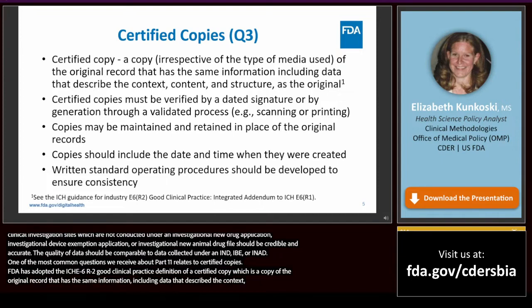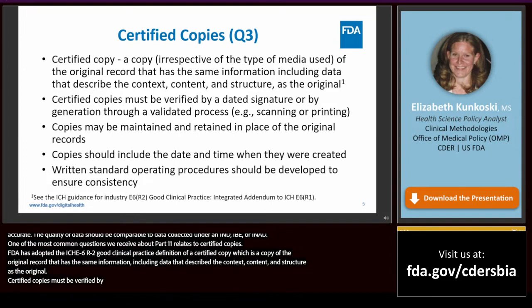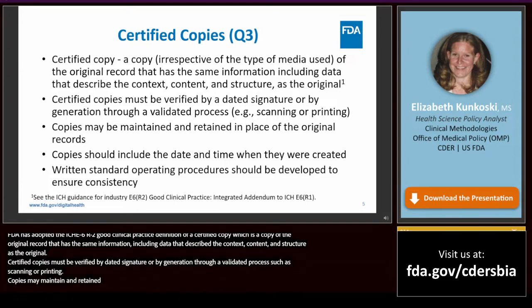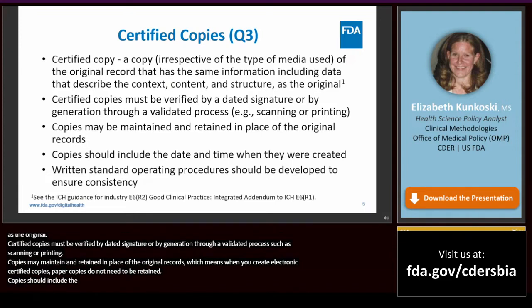Certified copies must be verified by a dated signature or by generation through a validated process such as scanning or printing. Copies may be maintained and retained in place of the original records, which means when you create electronic certified copies, paper copies do not need to be retained. Copies should include the date and time when they are created, and written standard operating procedures should be developed to ensure consistency.